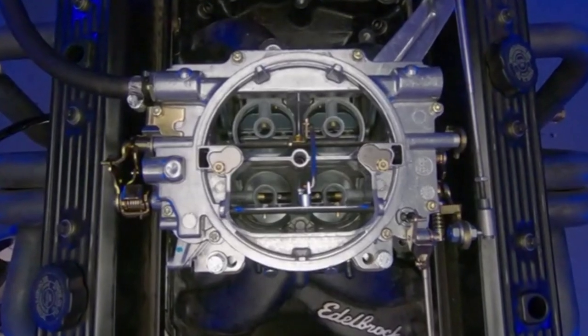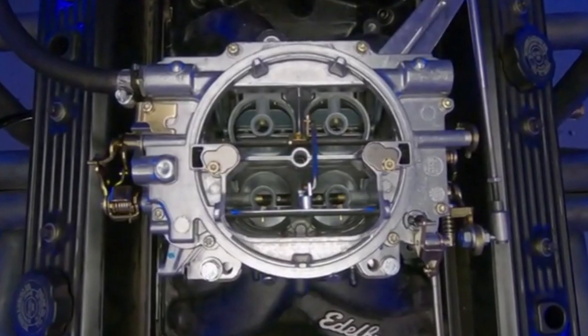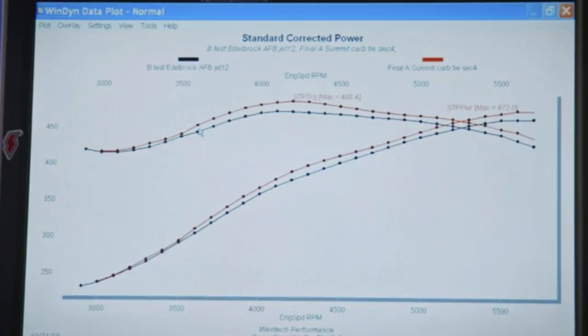There's no radius into the barrels at all. There's a shear edge. So the final conclusion is that it was nowhere near as good as the Summit, but if it was on a 305 making 300 horsepower, there'd be way less of a difference between the two. What validates that in my mind is the way the curve diverges. As airflow requirements increase, the difference gets greater.